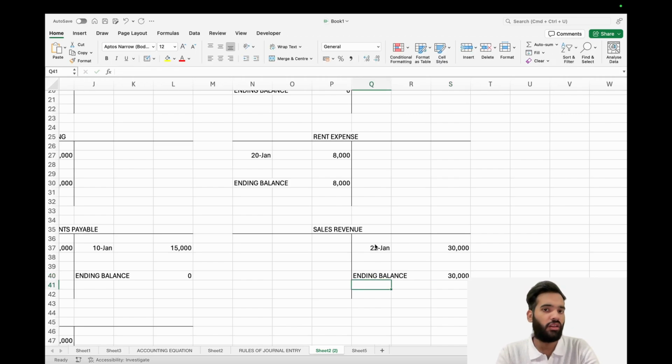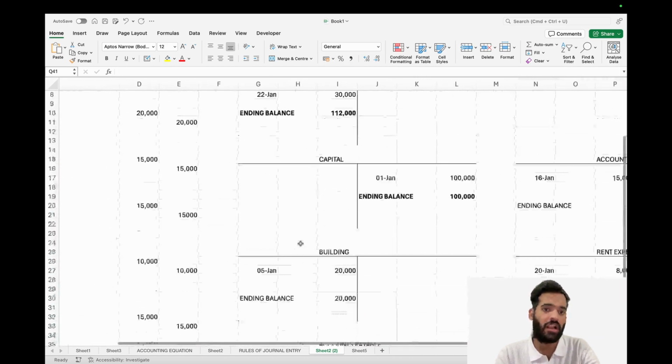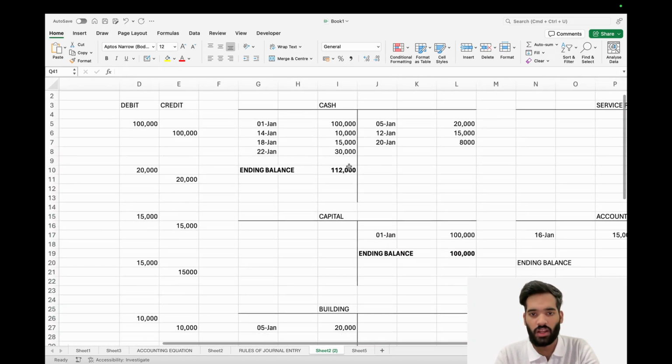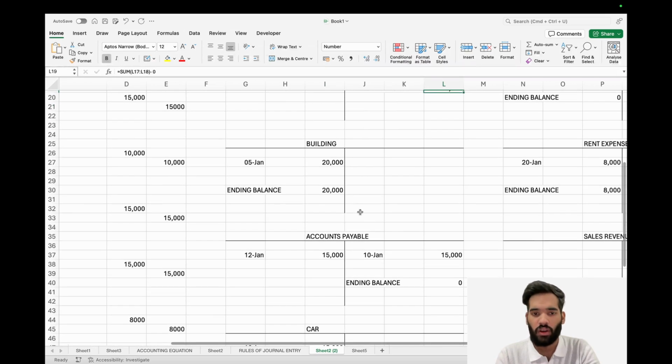And that's all there is to T accounts. We just calculated the total of each account that we have. For example, total in cash, we have this, total in capital, we have that, and so on and so on. So we literally found out the total balance we have in each account. So in the next video, we'll talk about the next part of the accounting cycle, which is a trial balance.